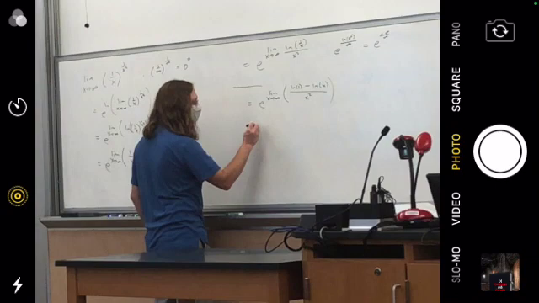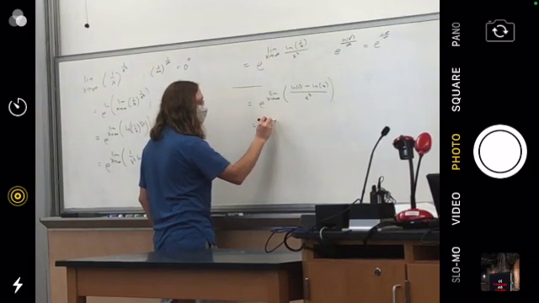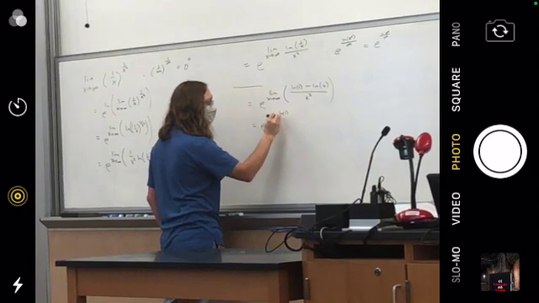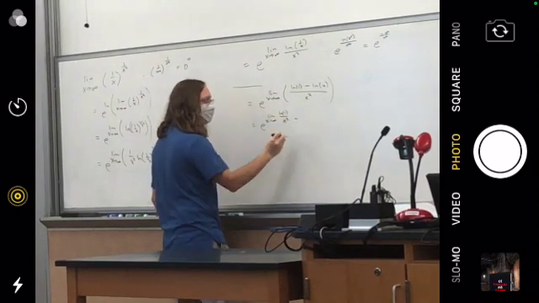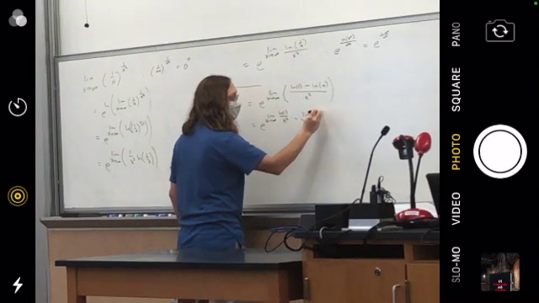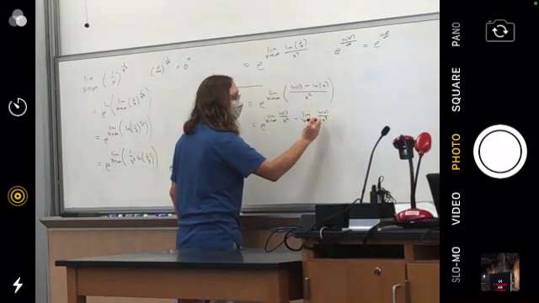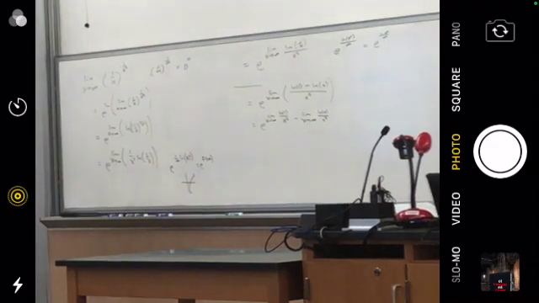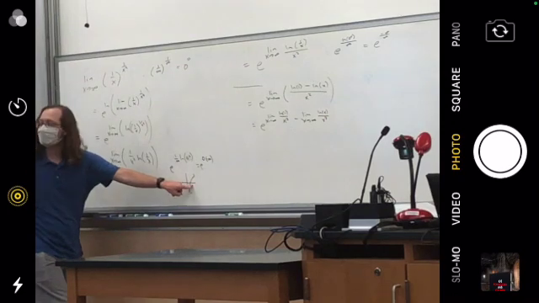Why would I do this? E to the limit as x goes to infinity of natural log of 1 divided by x squared minus this limit. Why would I care? What's natural log of 1? 0. Okay, go back to the graph. When's it cross the x-axis at x equal 1?